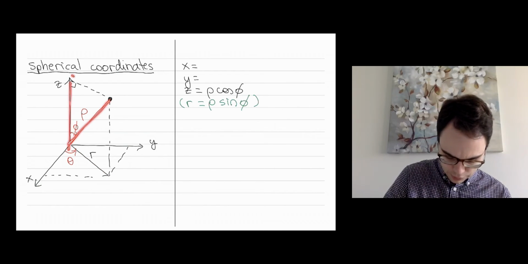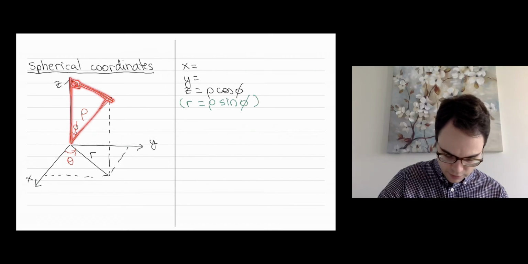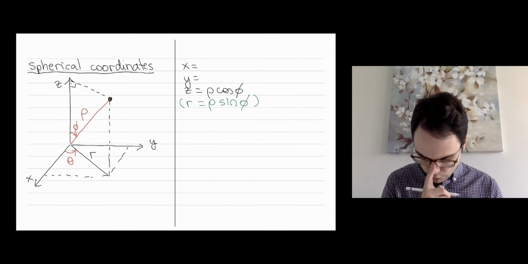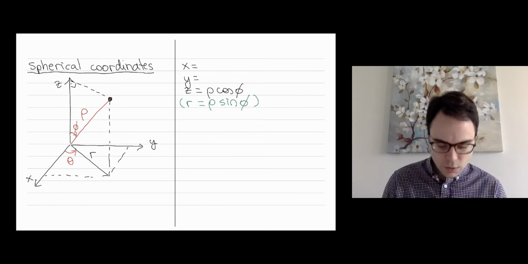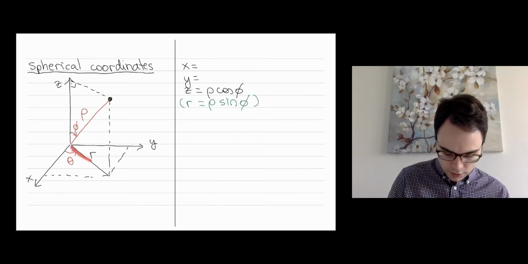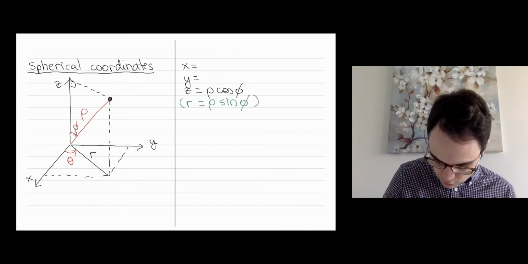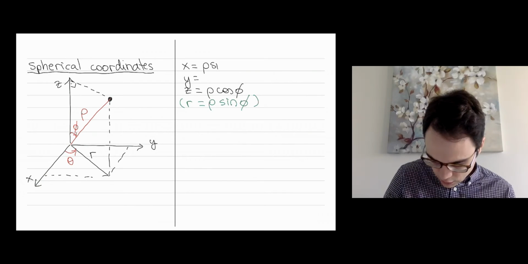Looking at the same triangle, because r is here, if I multiply rho by sine phi, I get this length over here. Now x, we know from before that x is r times cosine theta by this triangle. So x is rho sine phi, that's r, multiplied by cosine theta.